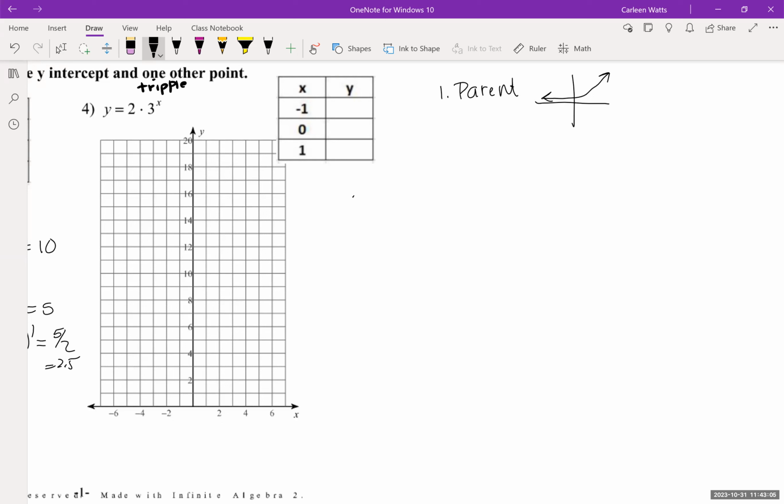So let's do the 0 first. 2 times 3 to the 0th is going to be what? Anything to the 0th power is 1. Notice the 0 only affects the base. Comes down as a 1, multiply by 2, and you get 2.